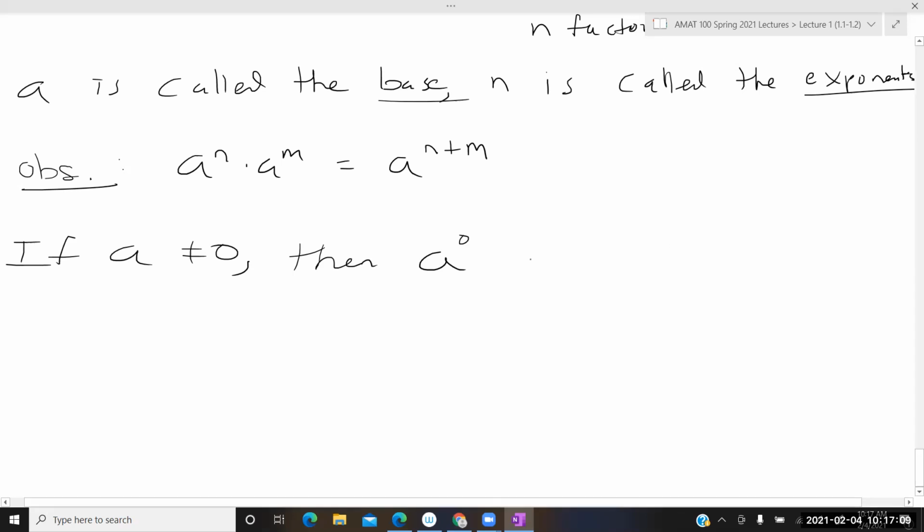So we just define a to the 0 to be 1, and a to the negative n, sorry, I should say here, n is a natural number, to be 1 over a to the n. So we're extending the definition I just gave. Before, we didn't know what to do with a negative power. But now we do. You just take the reciprocal of a to the n. So this gives a way of computing that.